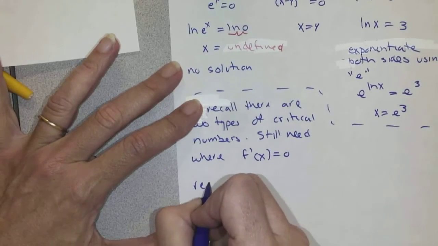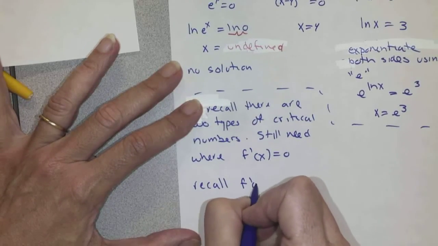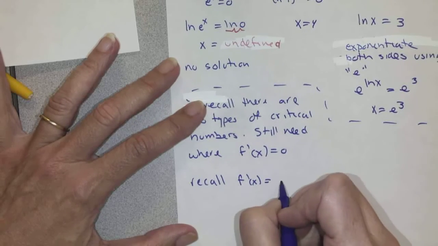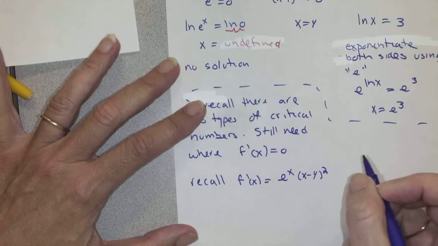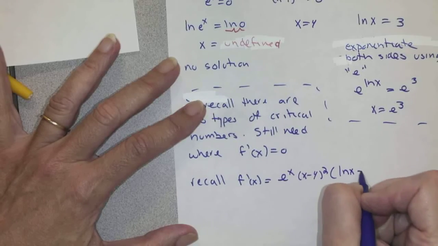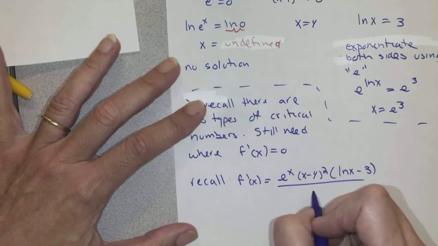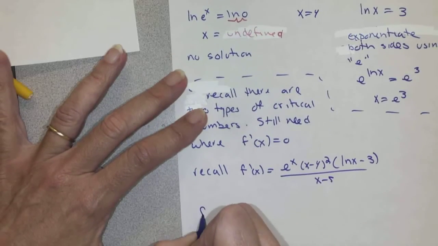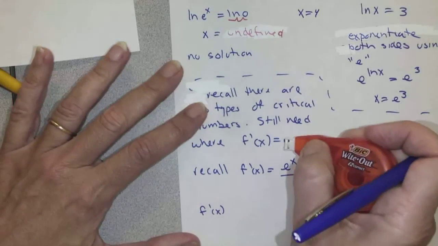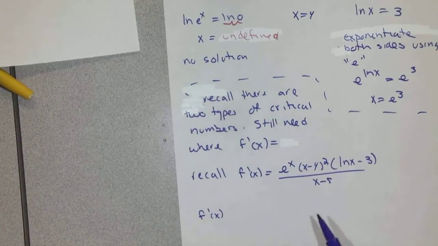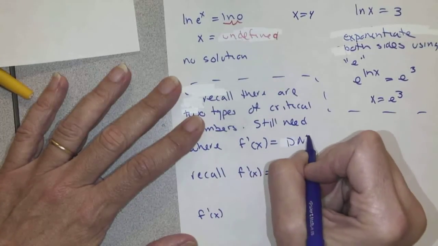So recall we had f prime of x equals e to the x minus 4 quantity squared, natural log of x minus 3 over x minus 5. Oops, I wrote that wrong up here. Not that we still need f prime of x equals 0, we have that already.